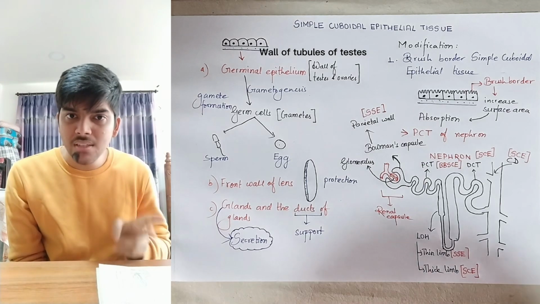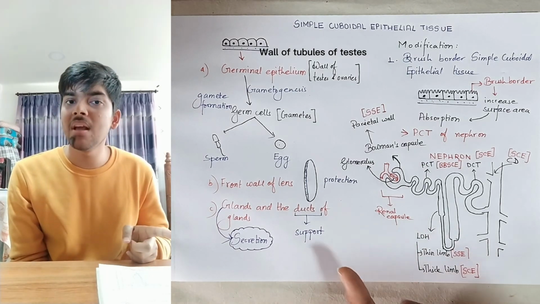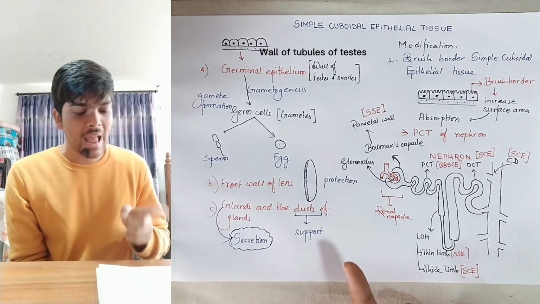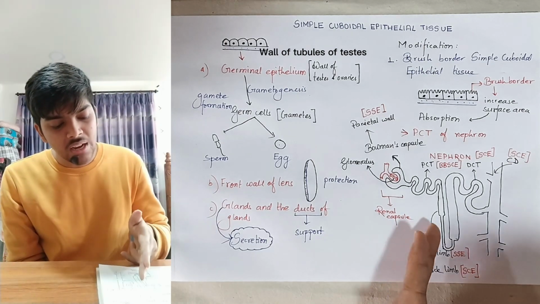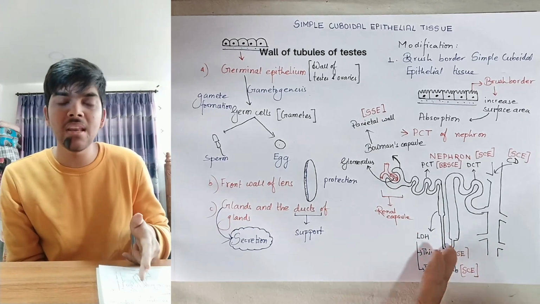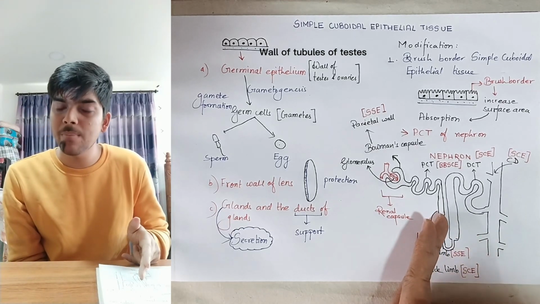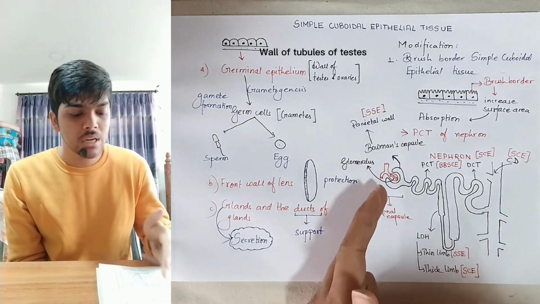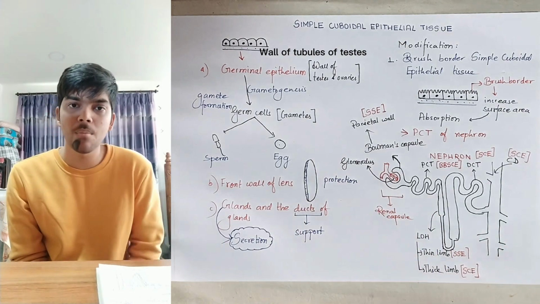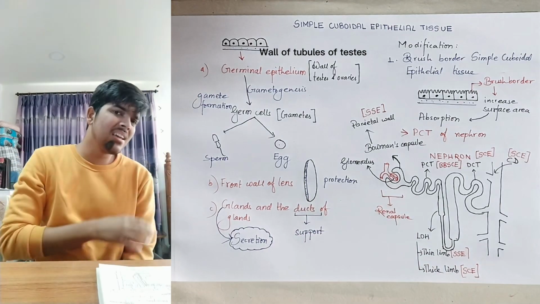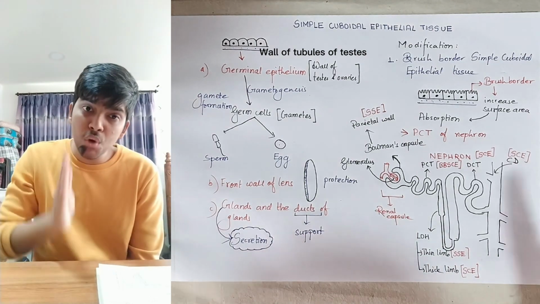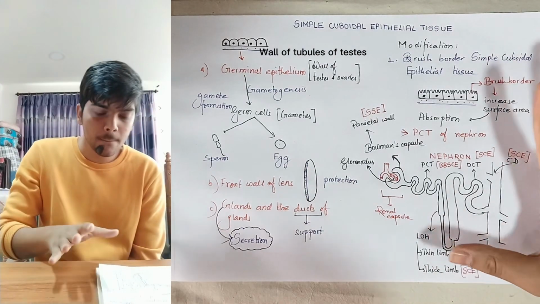Only these two places: one where the epithelium needs to be thin for filtration to take place, and another, the thin limb where the lumen is very narrow, so only one type of epithelium can stay there, and that is the simple squamous epithelium. So those are the two places of the nephron where simple squamous epithelium is found. The rest everywhere you have simple cuboidal epithelium.